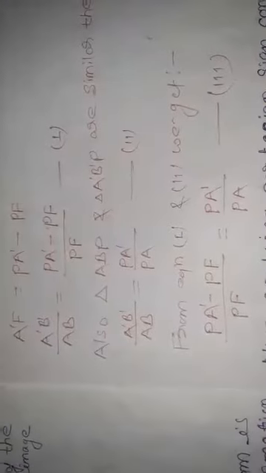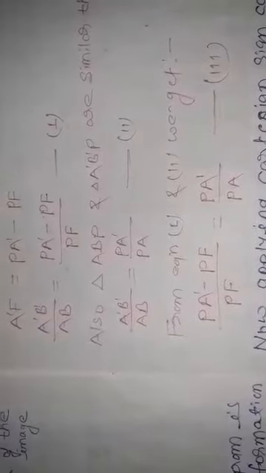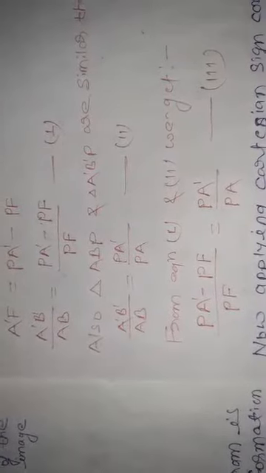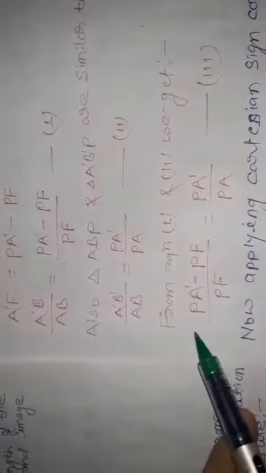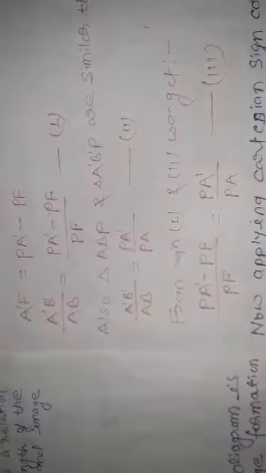From equation 1 and 2, put the value of A dash B dash upon AB. So we get PA dash minus PF upon PF equals PA dash upon PA. This will be your equation number 3.